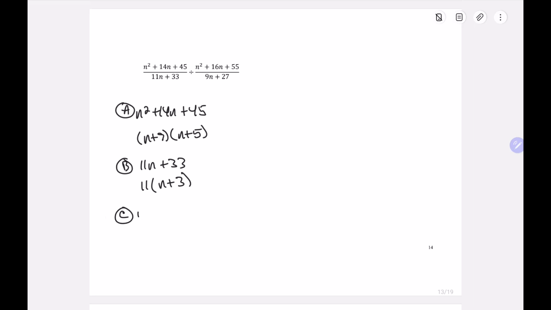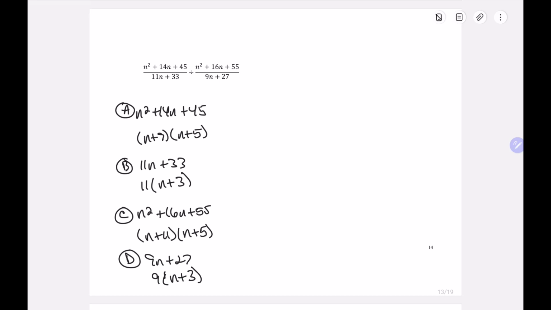For C, we have n squared plus 16n plus 55. If we factor, we get an n plus 11 and an n plus 5. And for D, we have 9n plus 27. If we pull out a 9, we're left with an n plus 3.